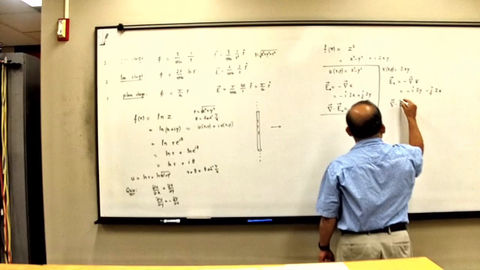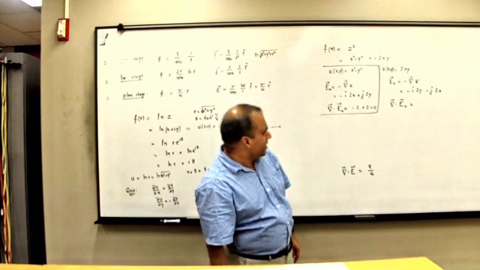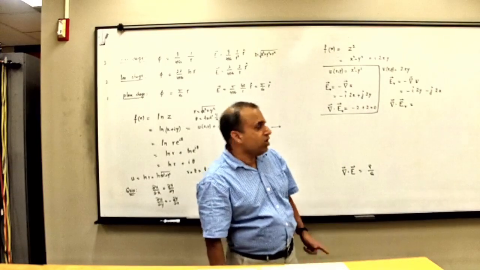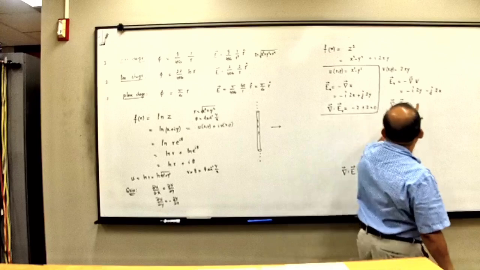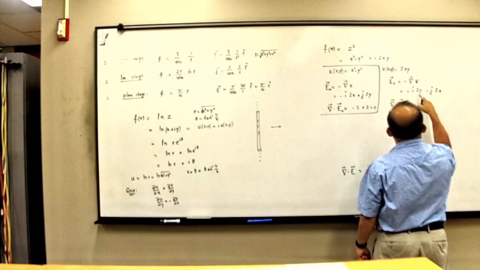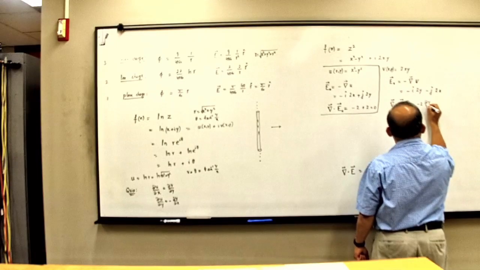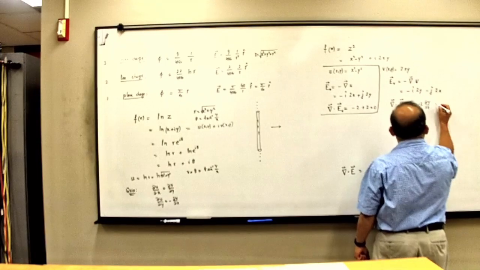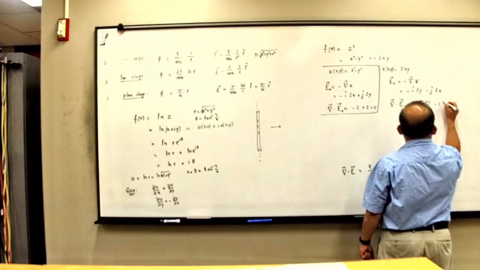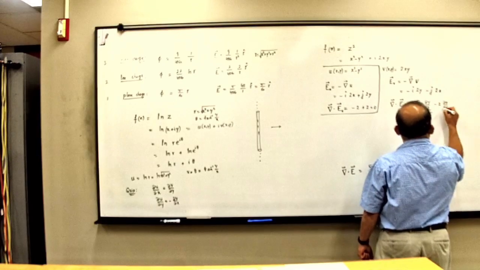And again, what is the divergence of EV this time? Minus 2y minus 2x. This is 0, because this is a derivative with respect to y. So minus 2 times the derivative of y with respect to x, that's 0. And minus 2 times the derivative of x with respect to y, this is 0.